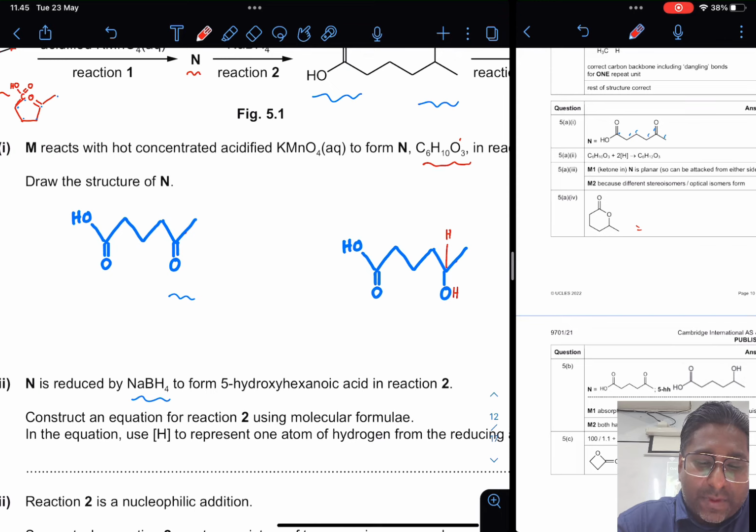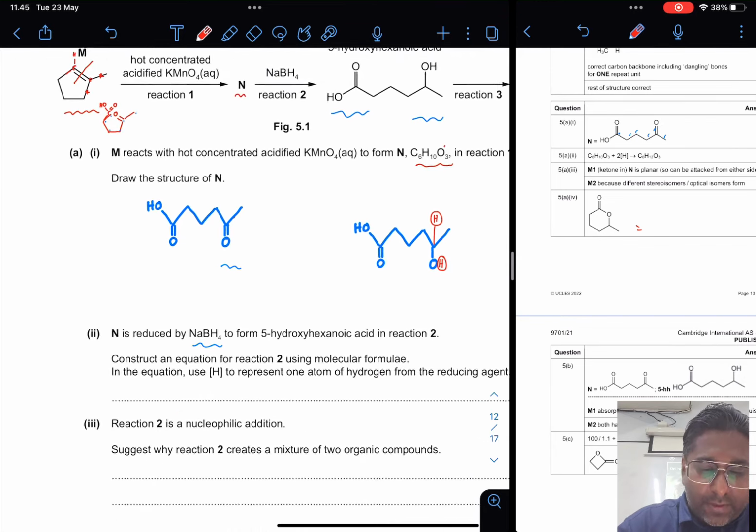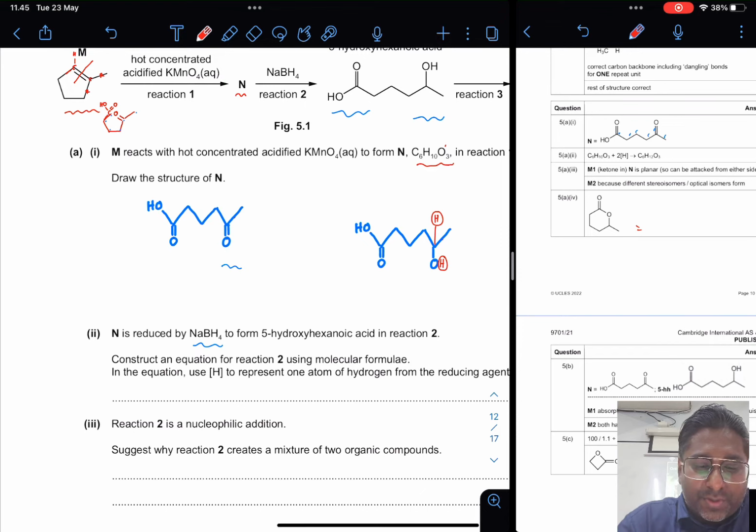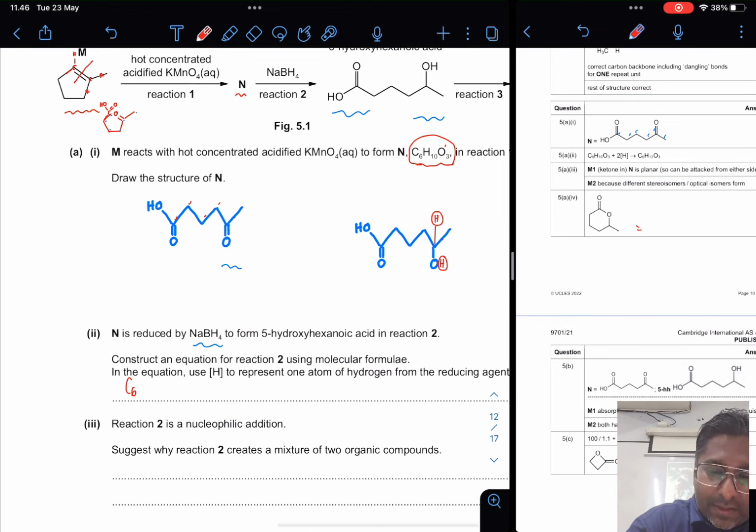In this case we are talking about 2 hydrogen being added over here. We can count over here, 1 carbon, 1 2 3 4, but actually no need to count, they have already given. So N is going to be C6H10O3.